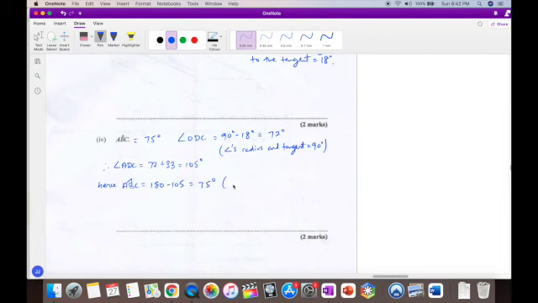And why? Because opposite angles in a cyclic quadrilateral are supplementary.